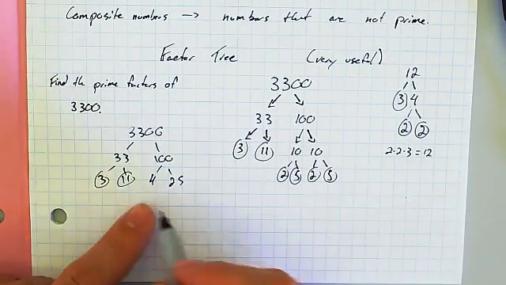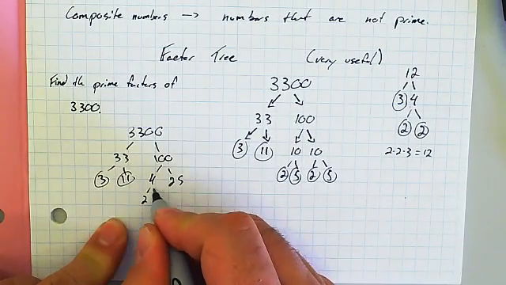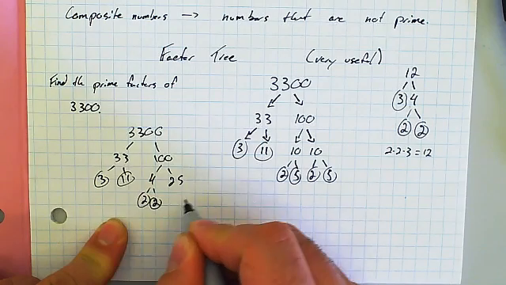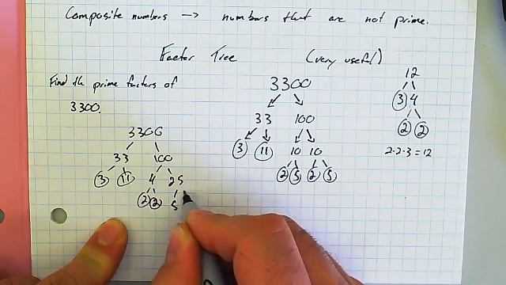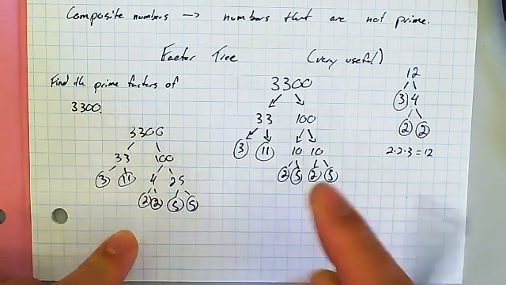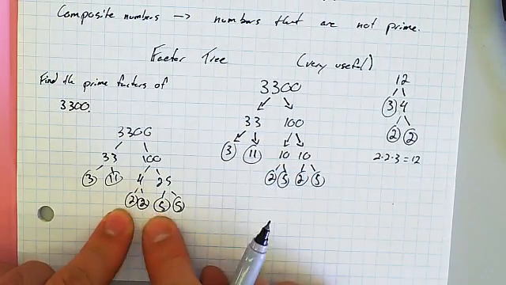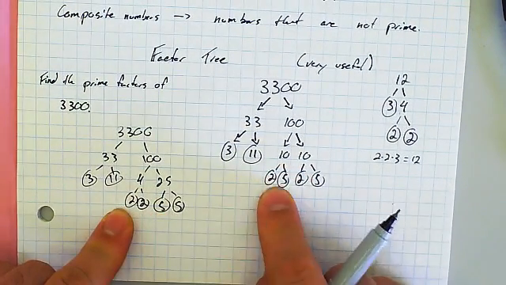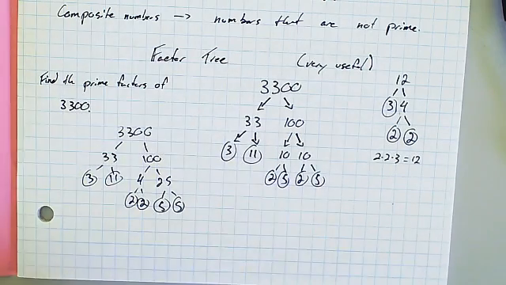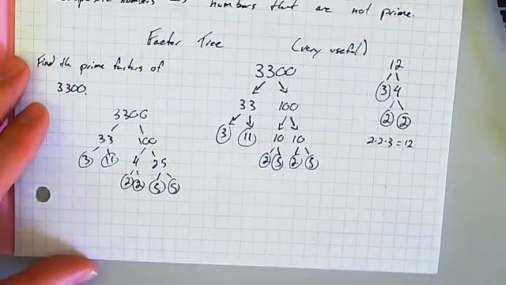Again 3 and 11 are prime. 4 would be broken down into 2 and 2, both of which are prime, and 25 would be broken down into 5 and 5. So even though I broke these two steps differently, I get the same prime factors: 2, 2, 5, and 5.